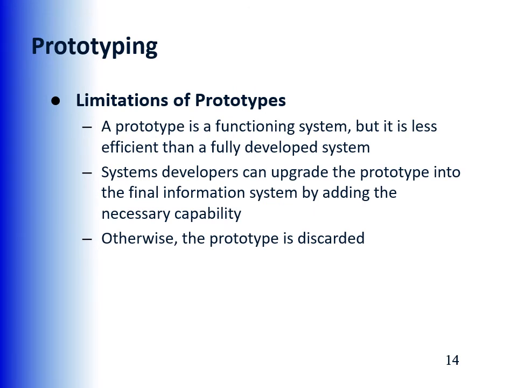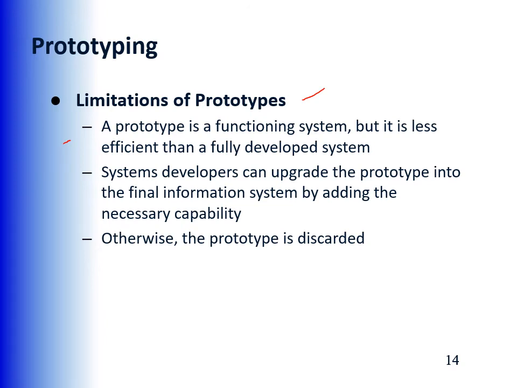Limitations of prototypes. Basically, the final version of the system typically demands higher level performance than the prototype can provide. A prototype is a functioning system, but it is less efficient than a fully developed system because it is a model rather than a completed system.